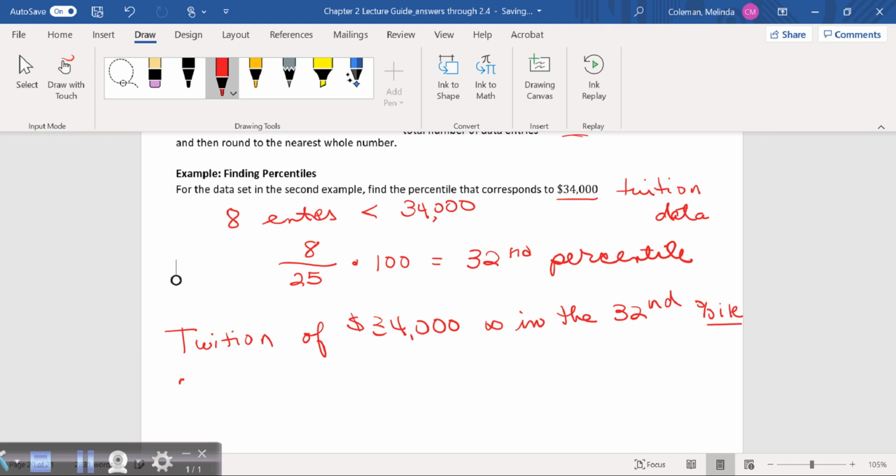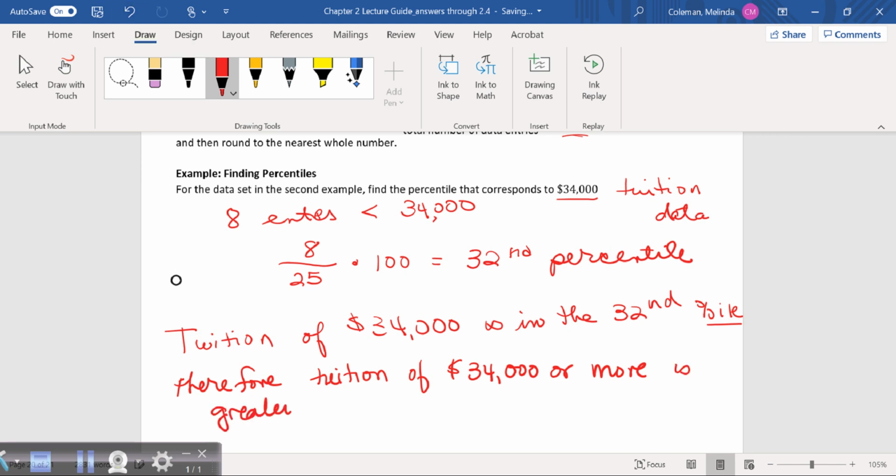So therefore, tuition of $34,000 or more is greater than 32% of all tuition costs.